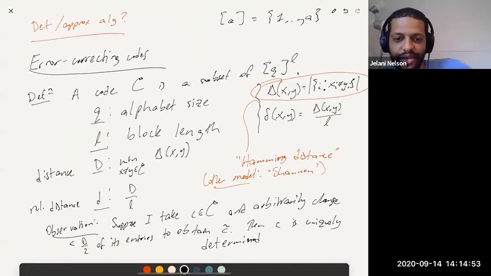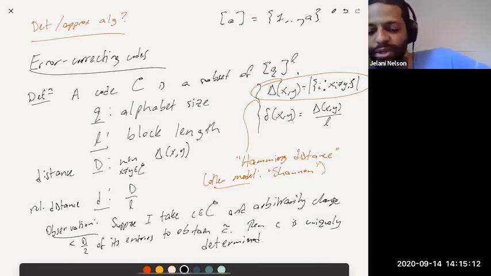What does it mean for a code to be good? You can fix a bunch of the parameters, let another parameter not be fixed, and ask how good you can get that parameter.